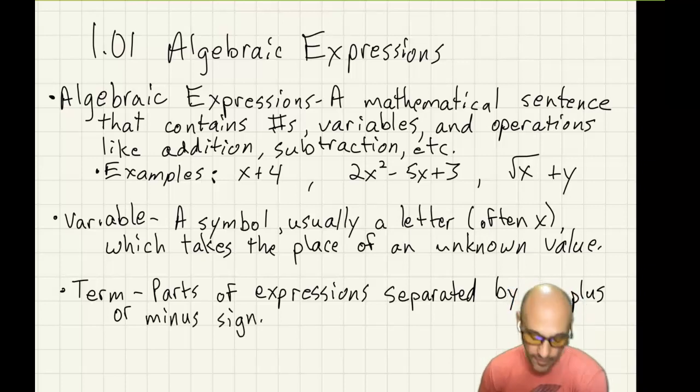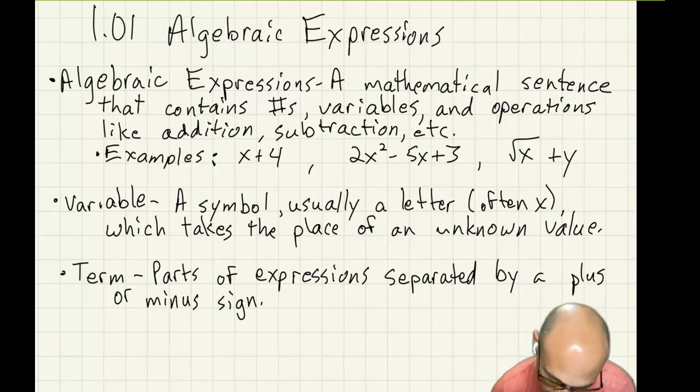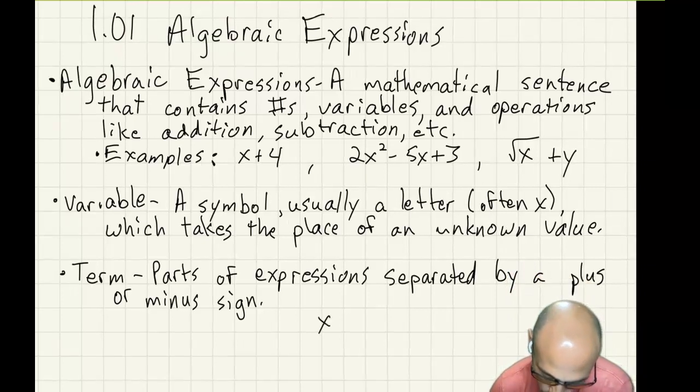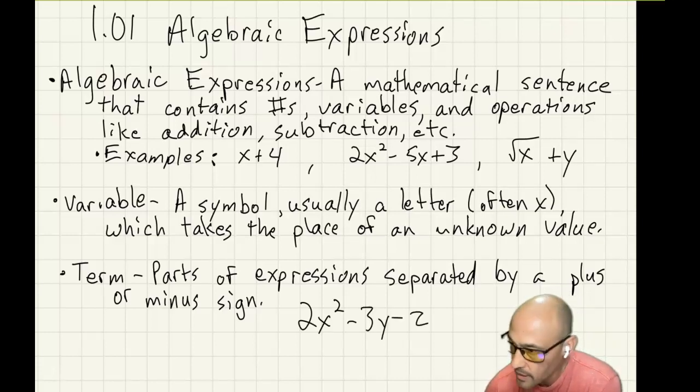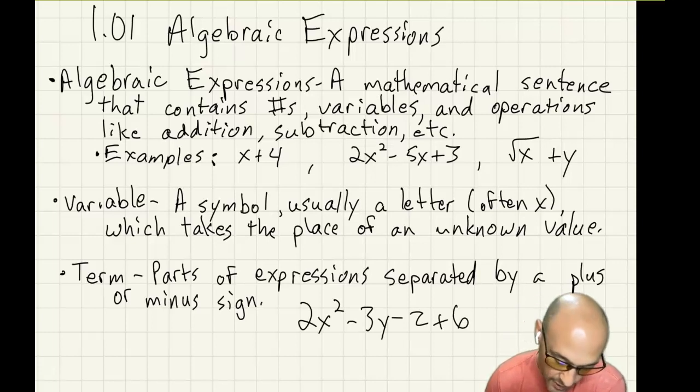If we think of something like 2x squared minus 3y minus z plus 6, then we have four terms here.